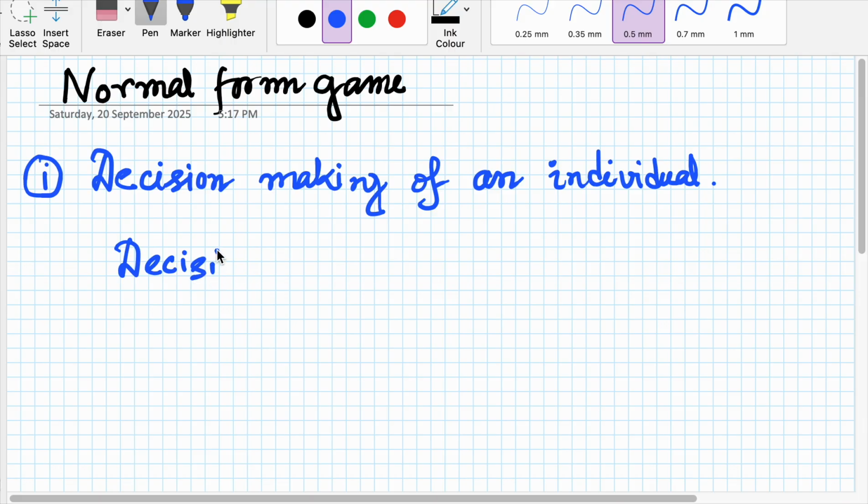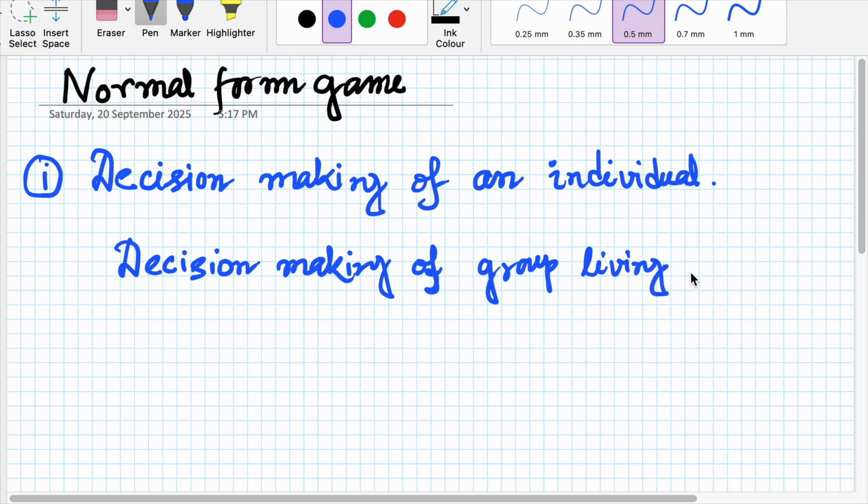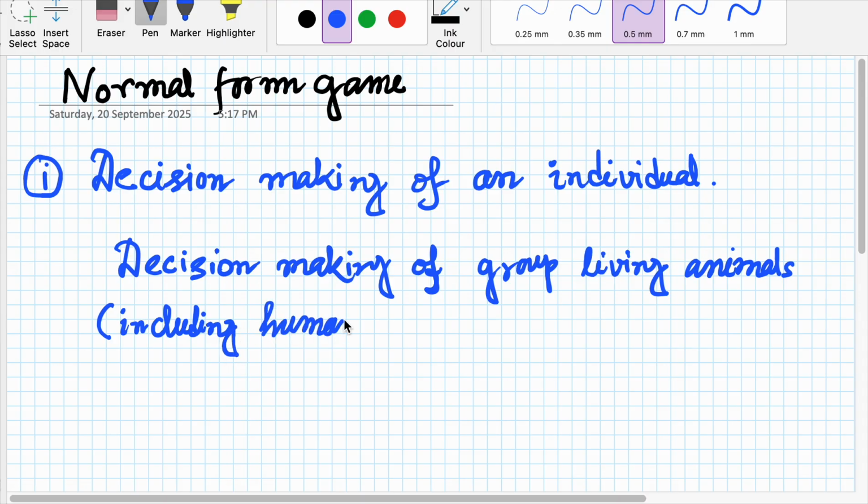Decision making of group living animals, including humans.